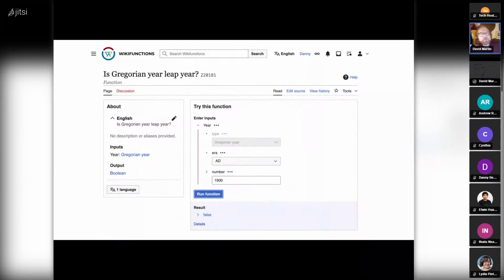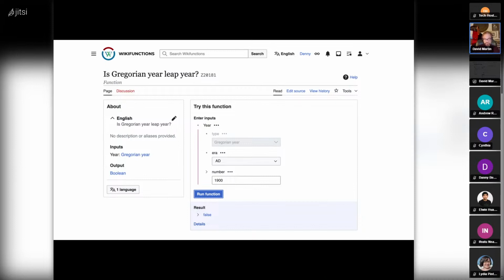So let's talk more about Wikifunctions. Now let's look at an example function. This one checks whether a given year was a leap year. This is a function page for the function. As you can see, it tells you the types of the inputs and the output. In this case, the input is an instance of Gregorian year, which is a type that exists on Wikifunctions, and the output is a Boolean.